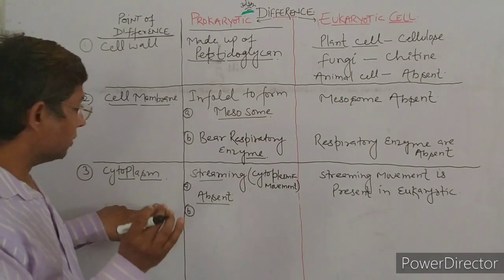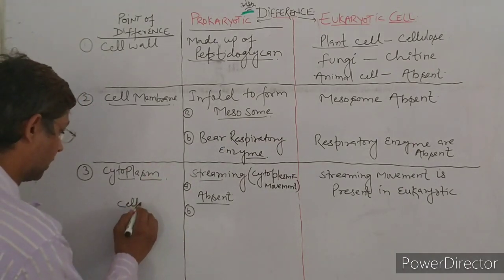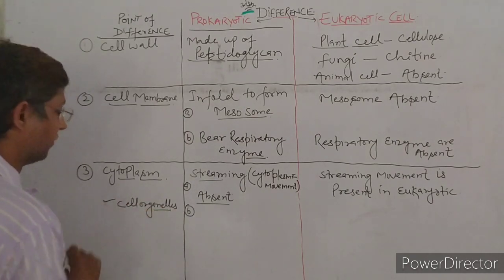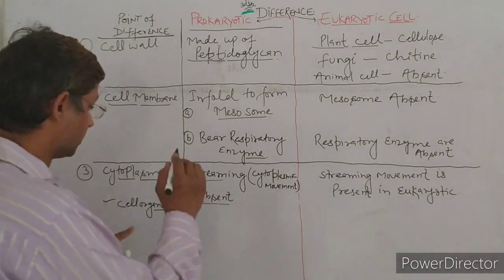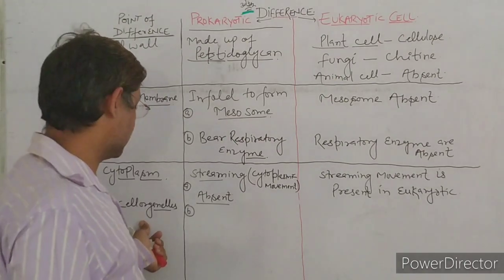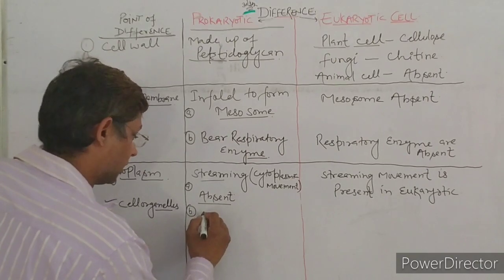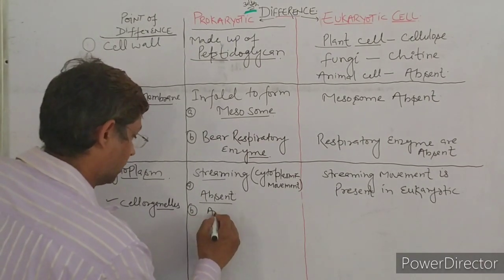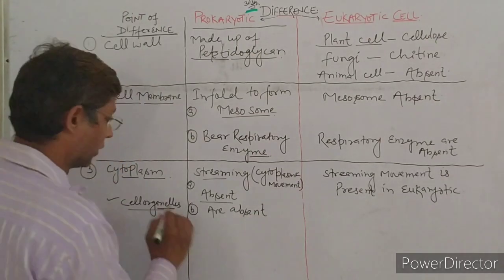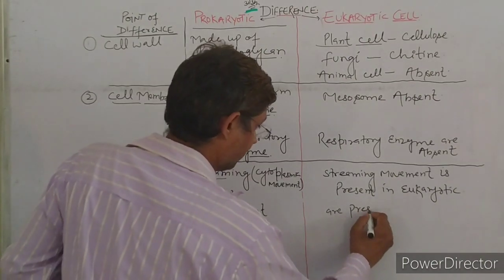So this is the next sub-difference, cell organelles, that is, mitochondria, Golgi apparatus, lysosomes, etc. are absent in prokaryotes, and cell organelles are present in eukaryotes.